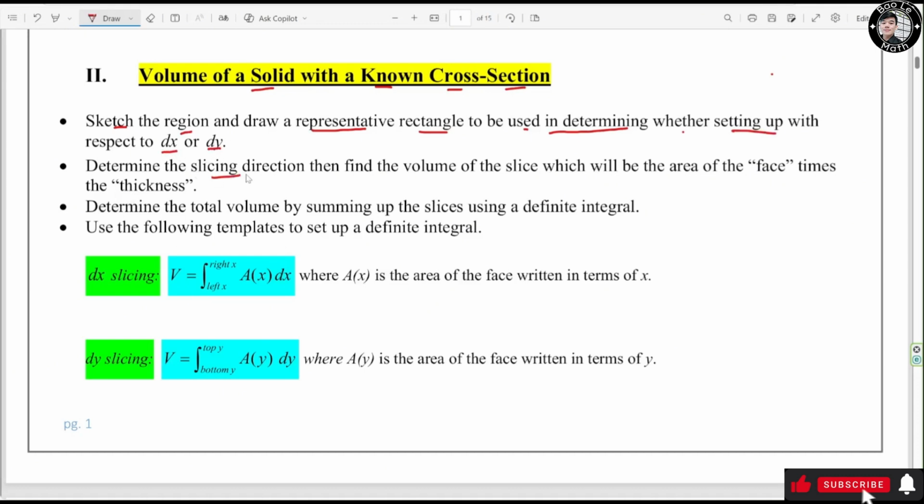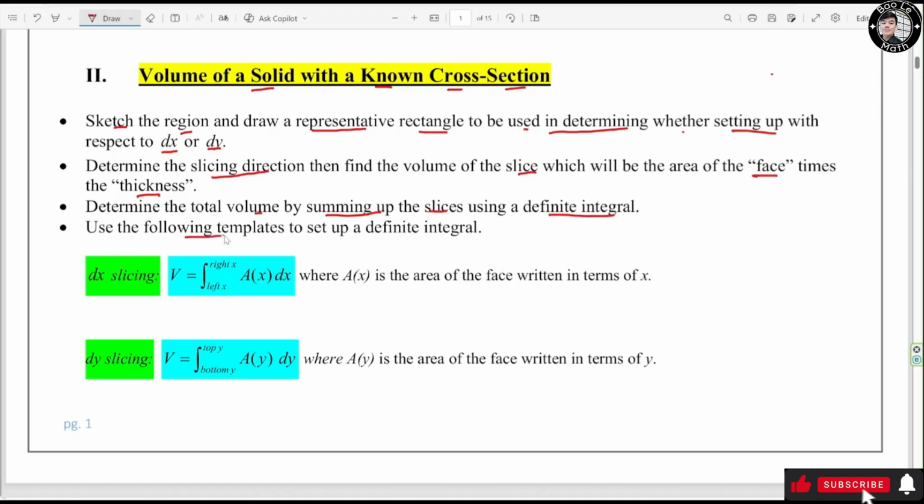Determine the slicing direction. Then find the volume of the slice, which will be the area of the face times the thickness. Determine the total volume by summing up the slices using the definite integral.